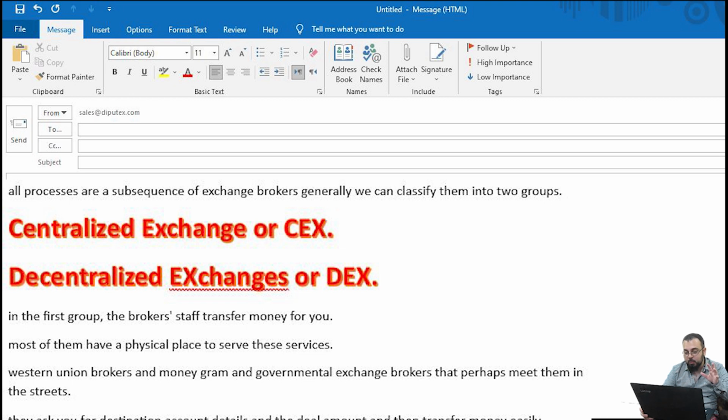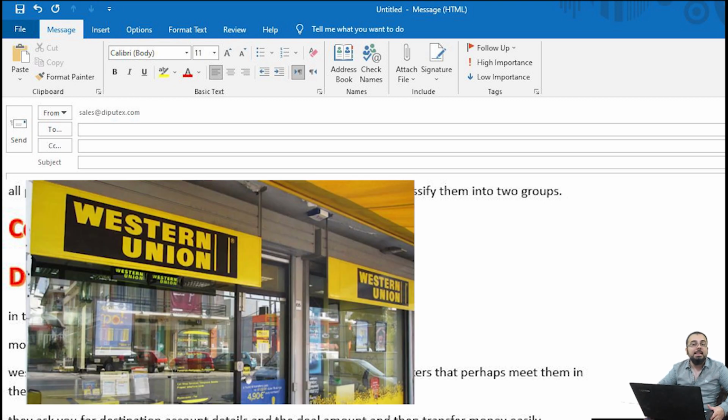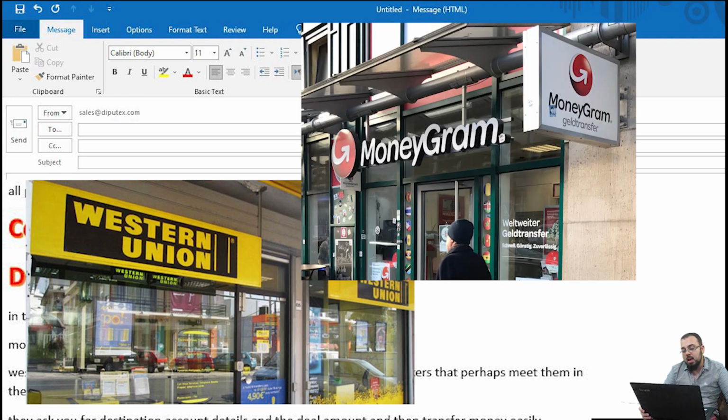In the first group, the broker's staff transfer money for you, and most of them have a physical place to serve these services, right? Western Union brokers, MoneyGram, and governmental exchange brokers that perhaps you meet in the street. They ask you for destination account details and the deal amount and then transfer money easily.